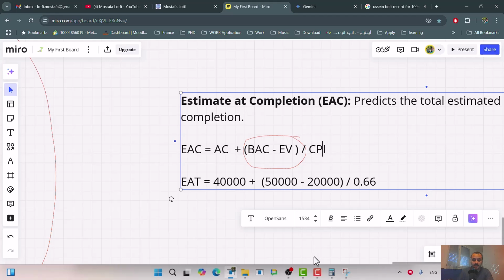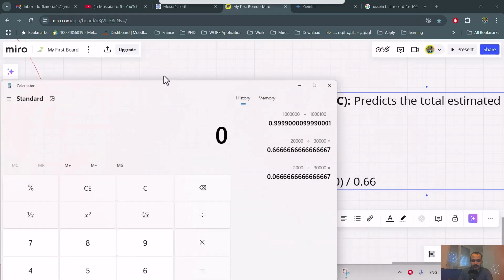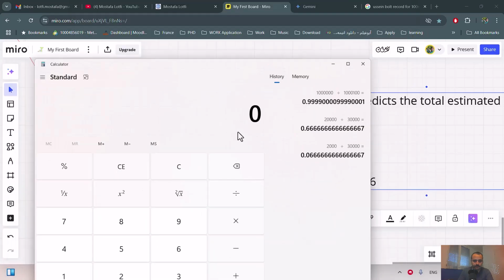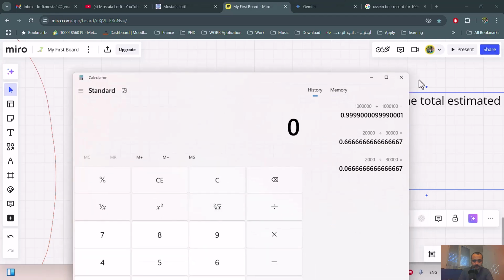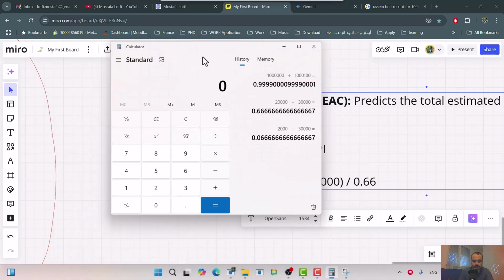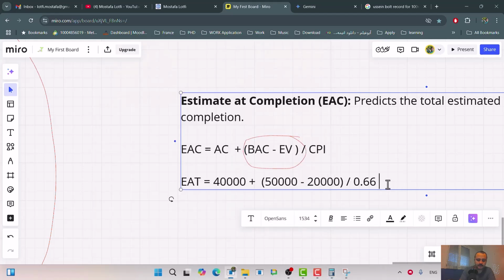So in this case, let me calculate the, it is 30,000, 2,000, 45 plus 45,000 actual cost, let's say 85,000. 85,000.